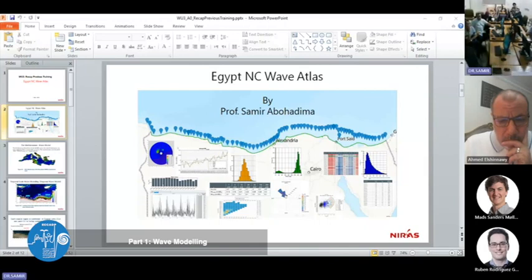So we export all the information at 80 points selected for detailed output over all the North Coast. The distance between each two successive points is around 0.1 degrees on average, as you can see now. Some special points in front of ports were also selected.